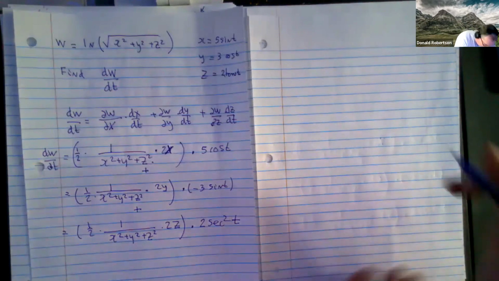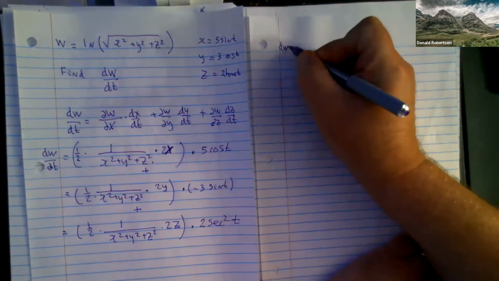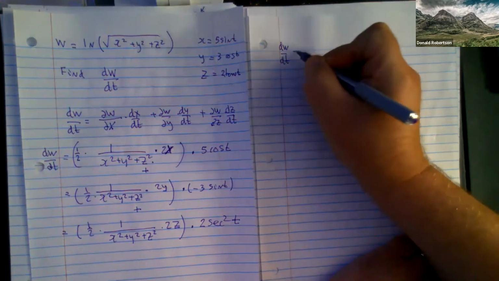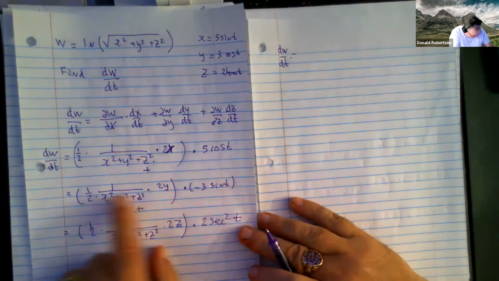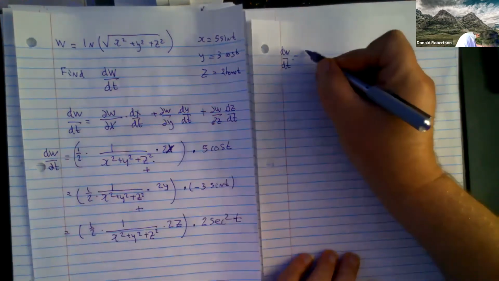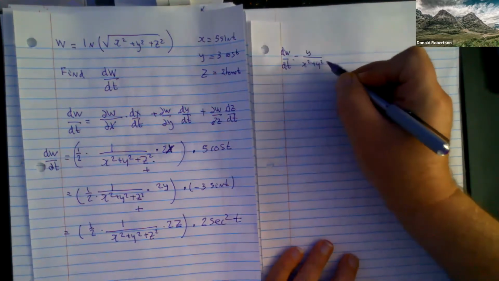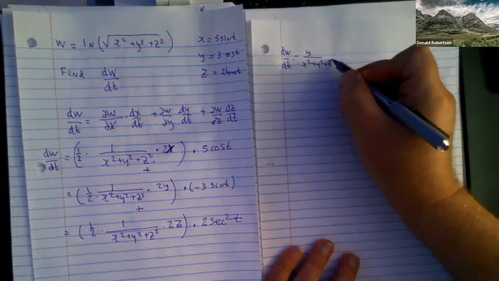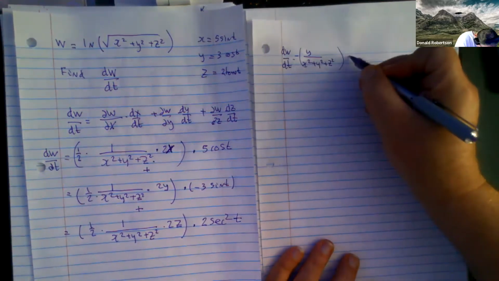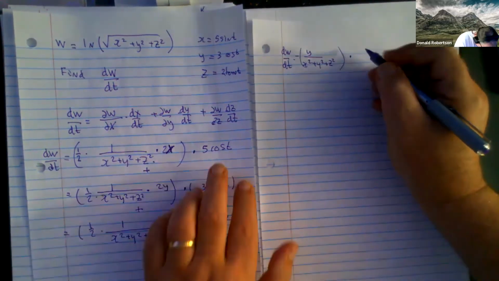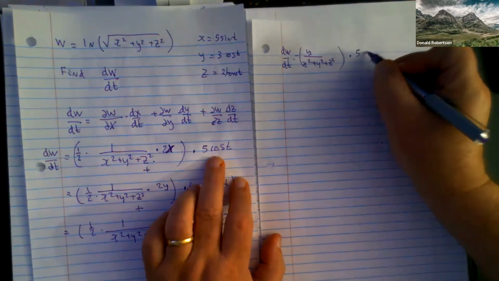Now I'm going to tidy it up a little bit. That 2y cancels with that half and leaves me with a y over x squared plus y squared plus z squared times 5 cosine t's.